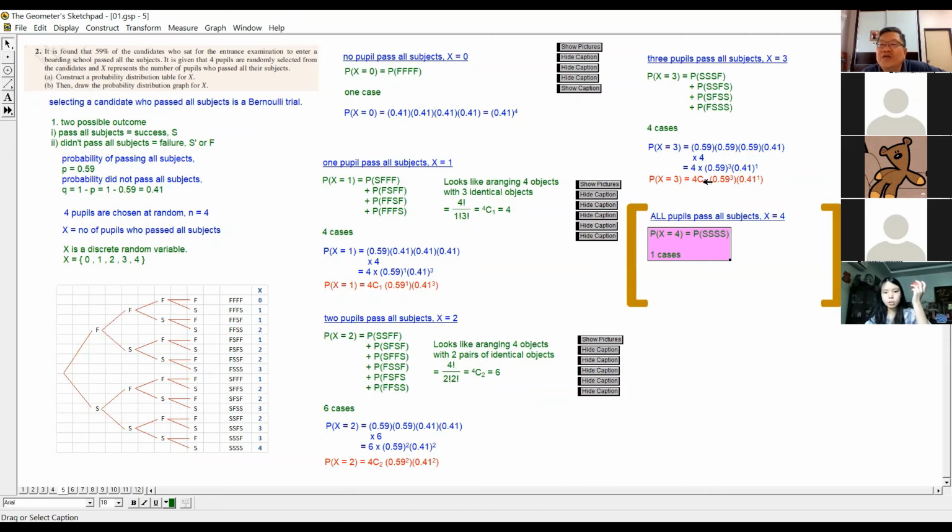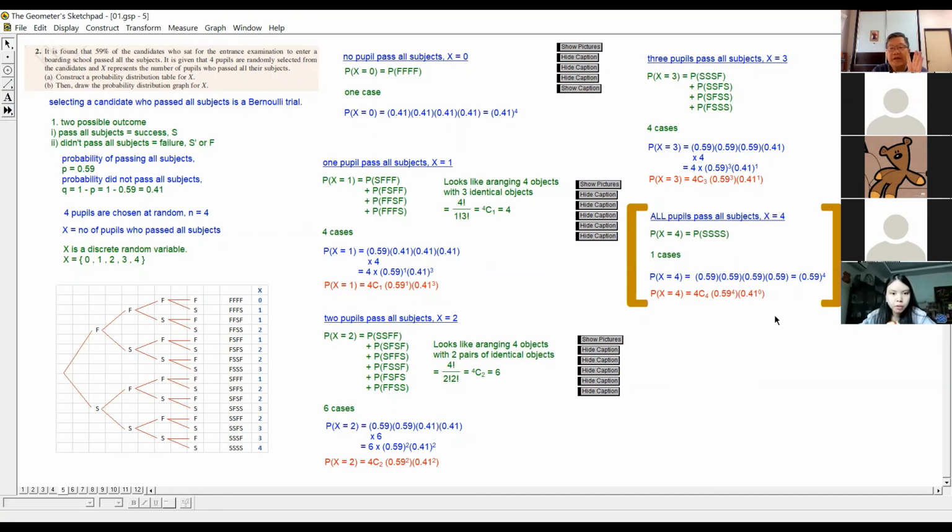This one is 4 choose 3. This one is 4 choose 2. 4 choose 4, correct. So the number of outcomes is 4 choose 4, and the probability is 0.59, 0.59, 0.59, 0.59, so it's 0.59 to the power of 4. 0.59 got 4 times, 0.41 0 times.